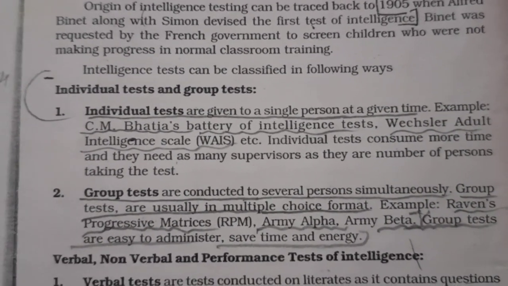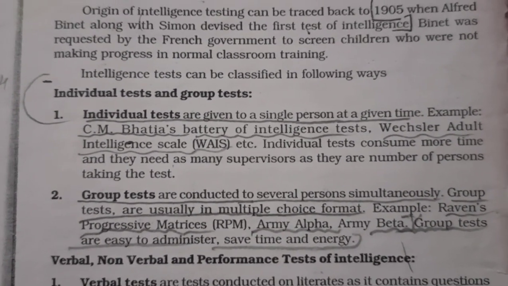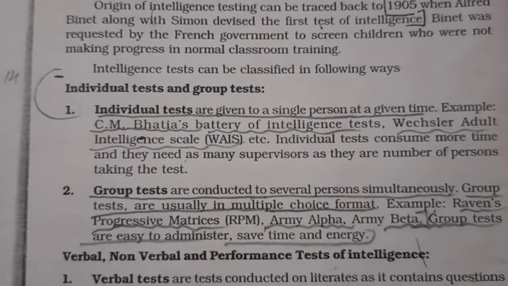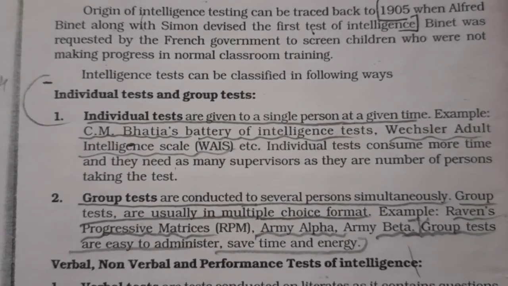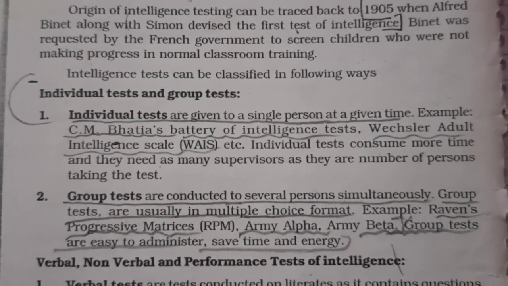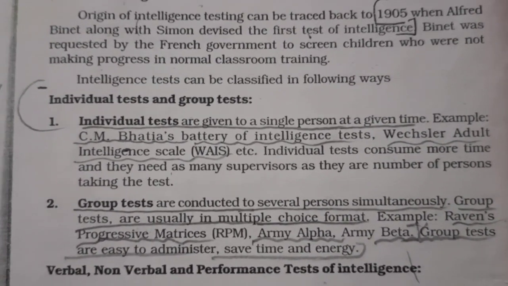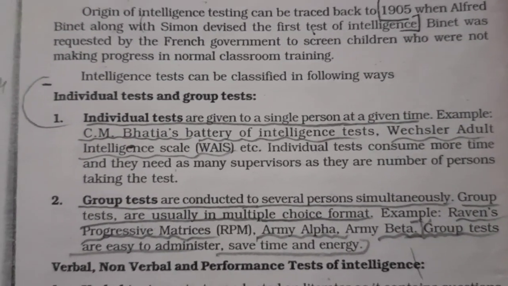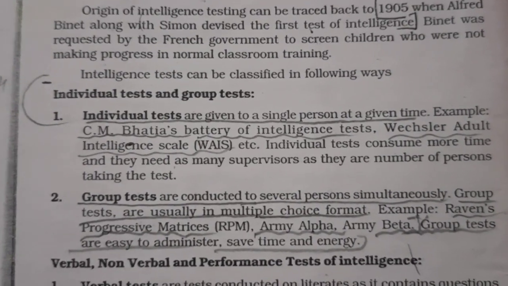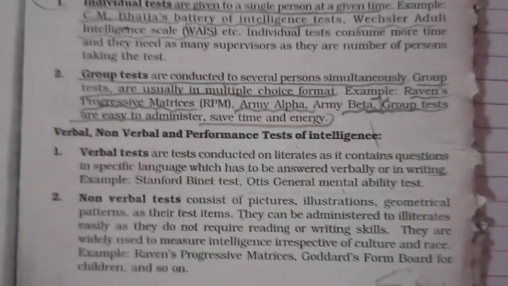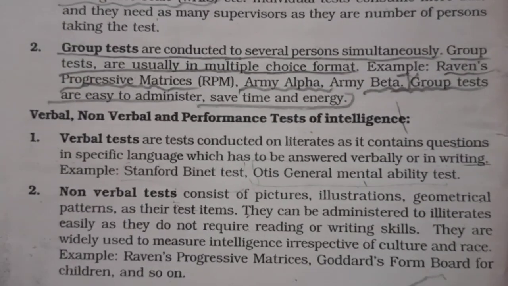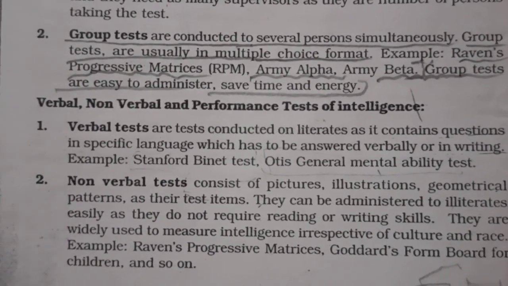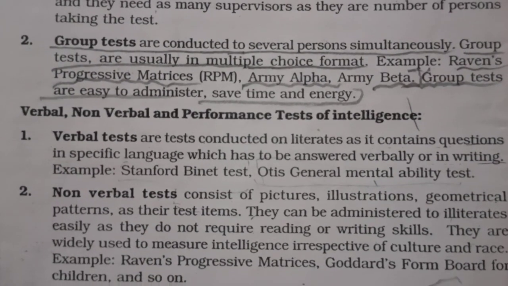Since the group test is conducted on several people at a time, it saves time and energy. It is easy to administer because you don't have to keep repeating all the instructions again and again for every individual. Then come verbal, non-verbal and performance tests. You have seen two tests, the individual test and the group test.